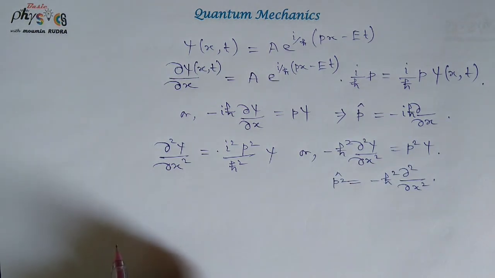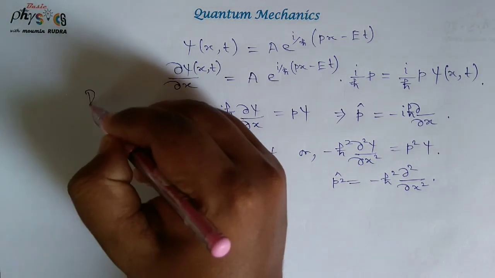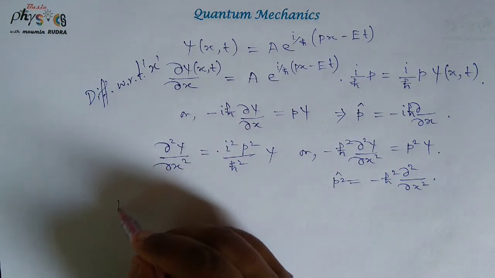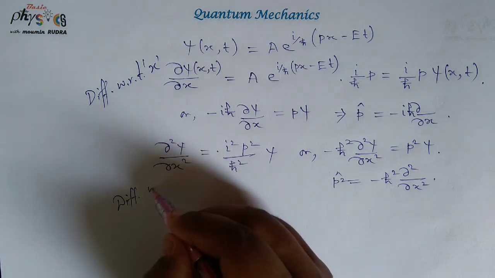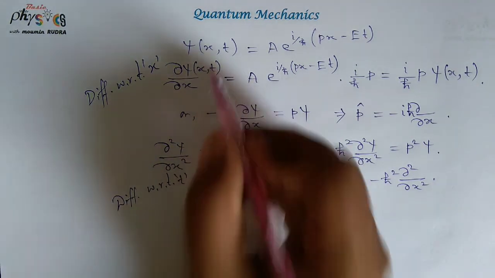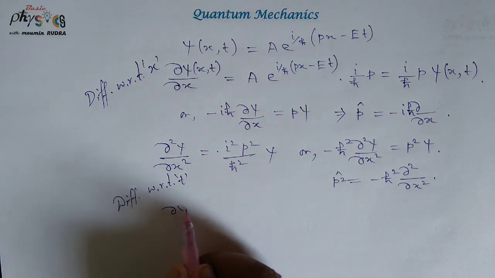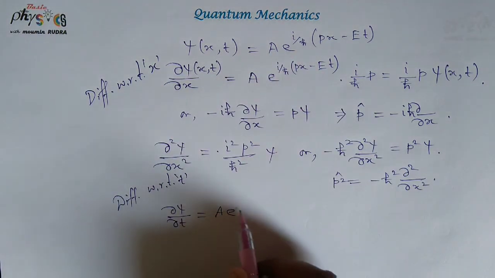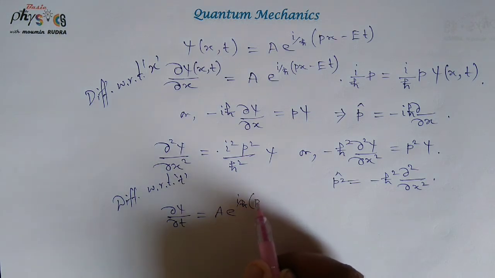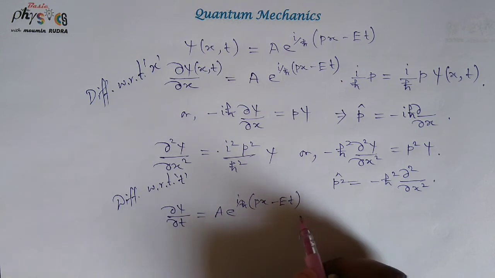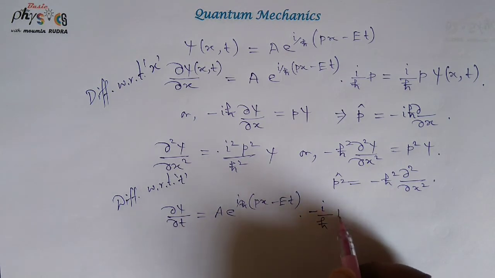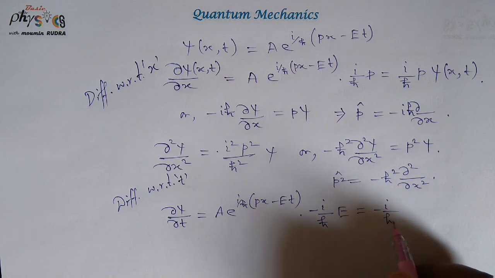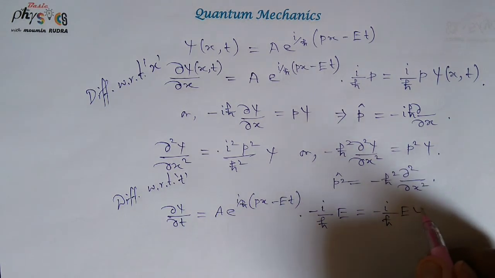Now we differentiate with respect to t, the other variable. So del psi del t equals i by h bar times (p x minus E t) remains, and here minus i by h bar E, so it will be minus i by h bar E times psi.